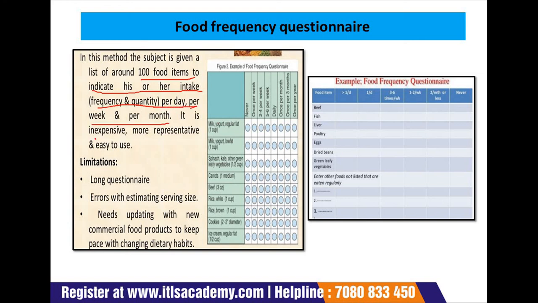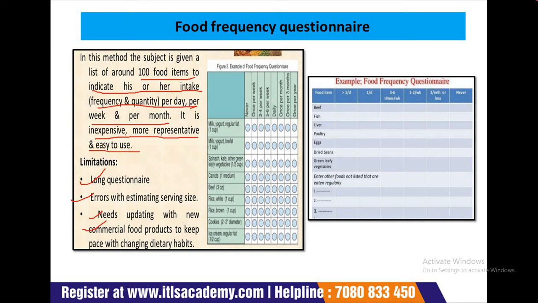It is inexpensive, more representative, and easy to use. Limitations of this method are long questionnaires, errors in estimating serving size, and the need for updating with new commercial food products to keep pace with changing dietary habits.